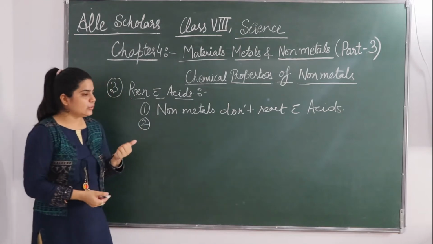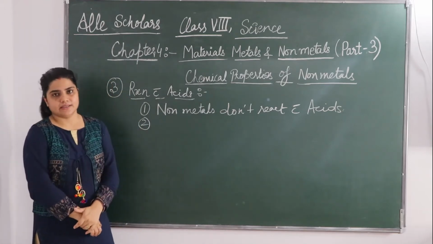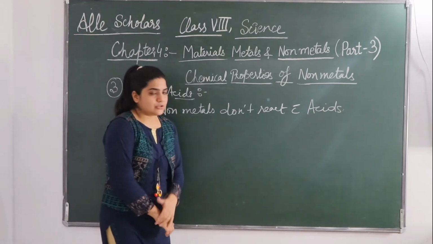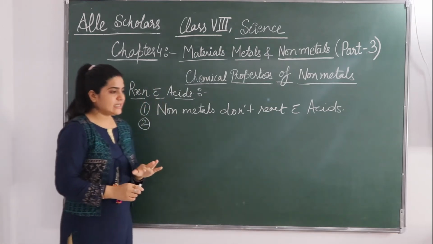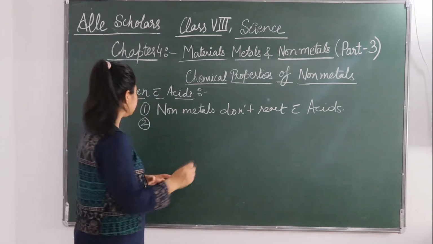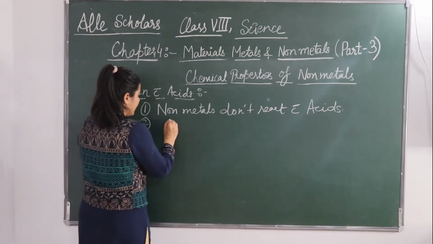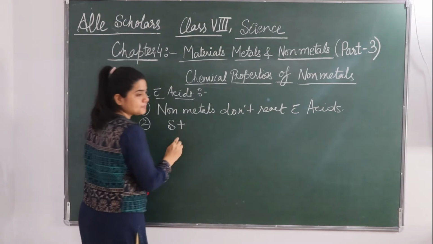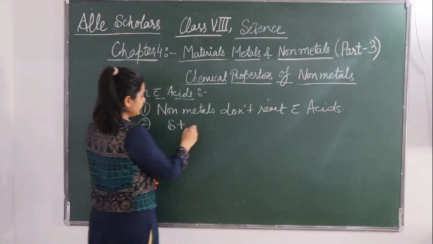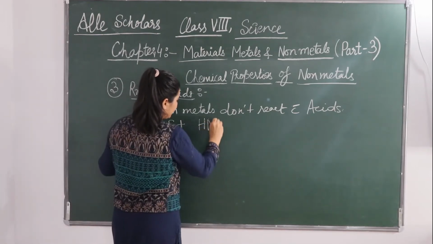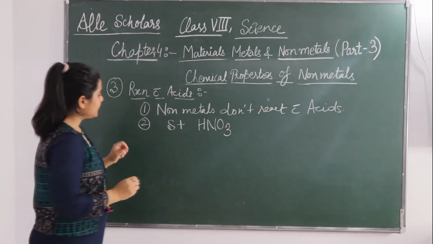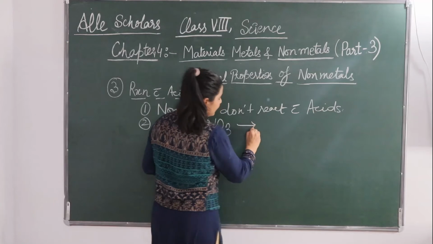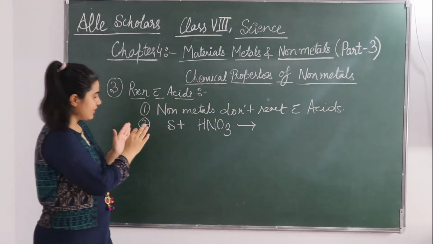As a result, they do not react with dilute acids. They do not react with dilute acids mostly, but there is still an exception. Let's see some exceptions. If we take sulfur and nitric acid, HNO3, what product is going to be formed when these two react?